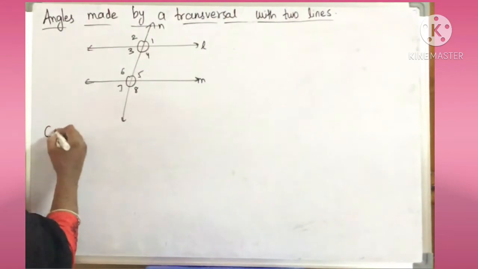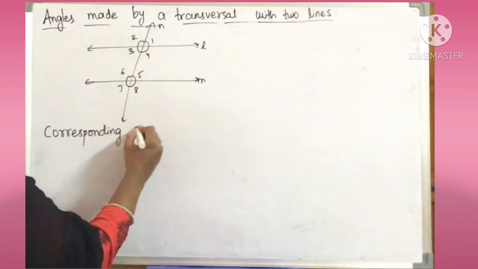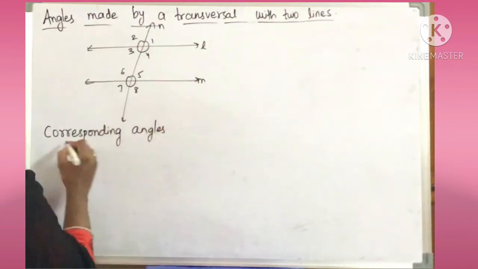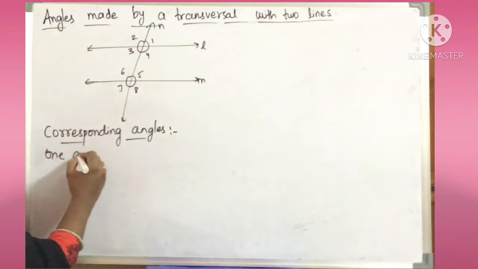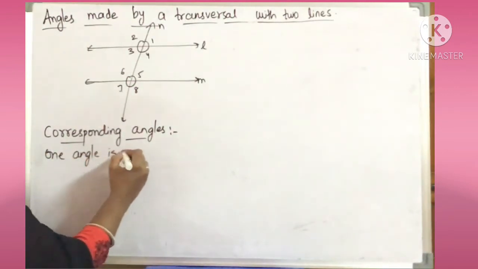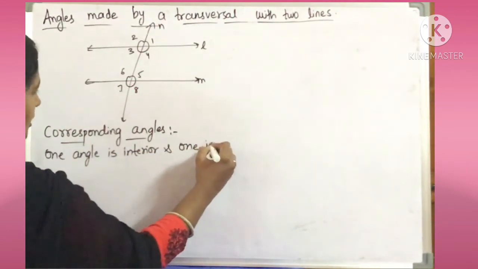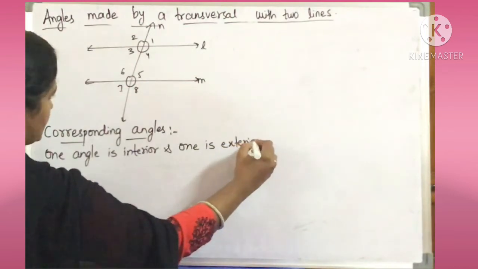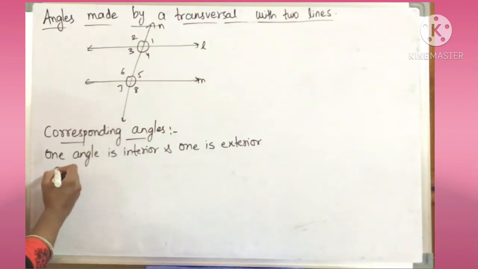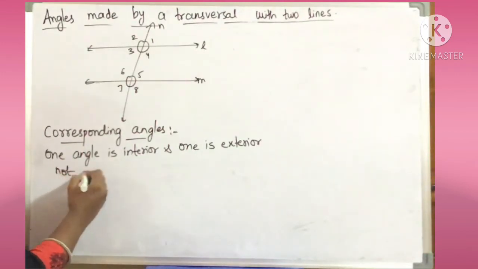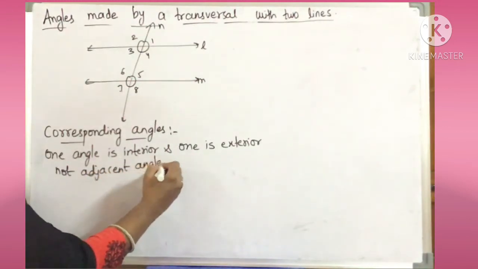Next we are going to discuss corresponding angles. What are the rules for corresponding angles, children? One angle should be interior and one should be exterior, and they are not adjacent, meaning they should not be adjacent angles.